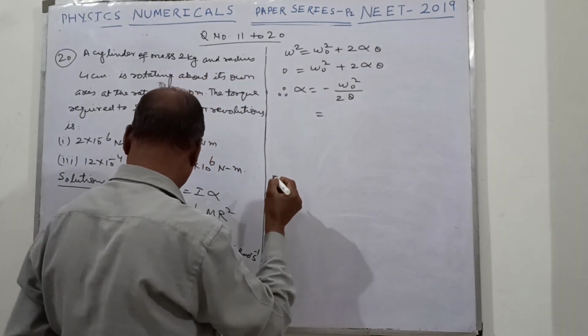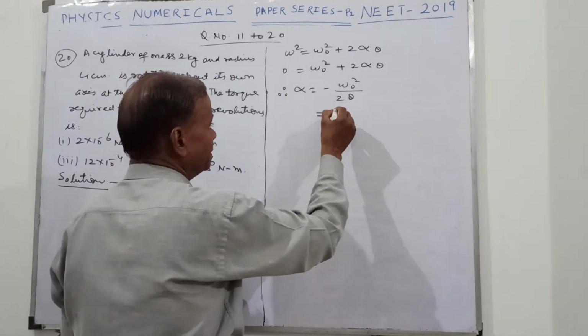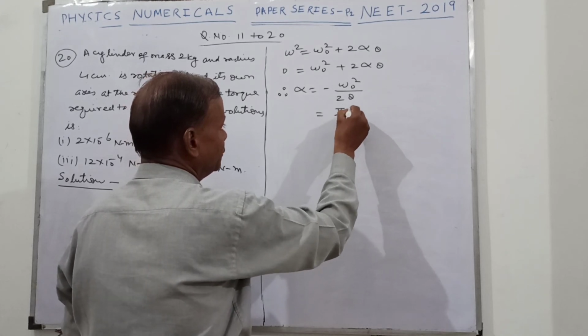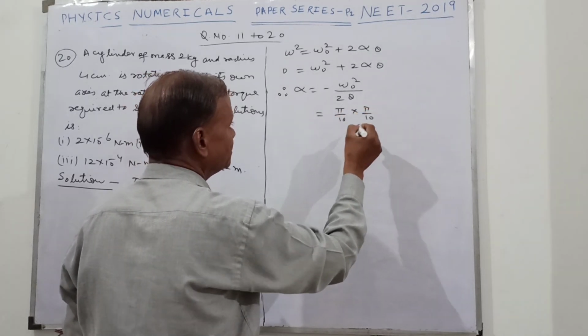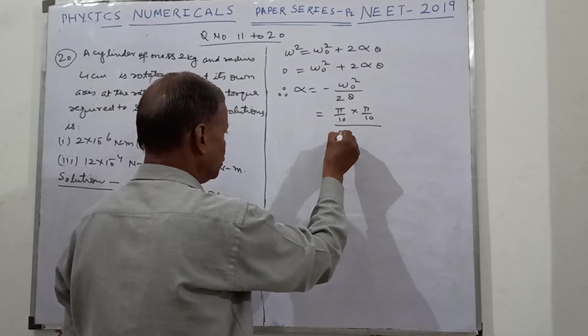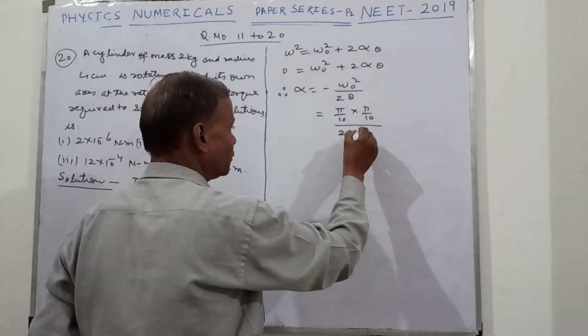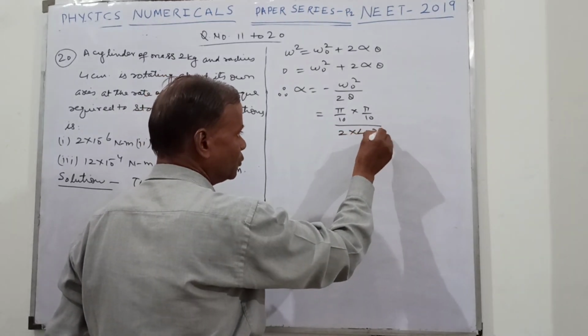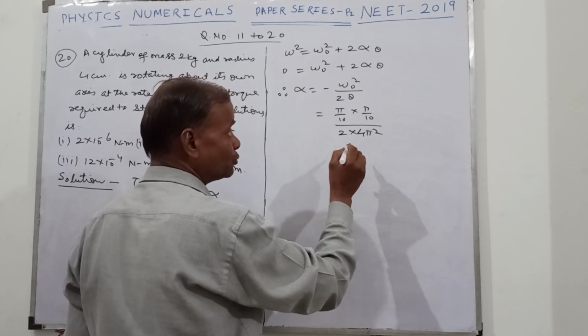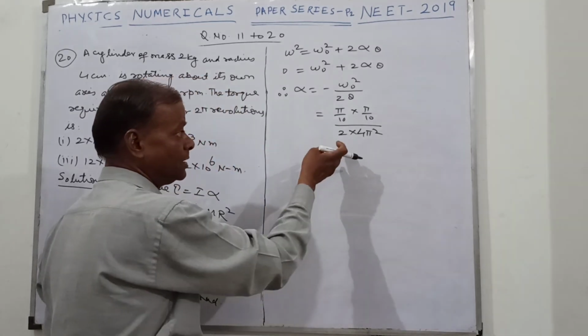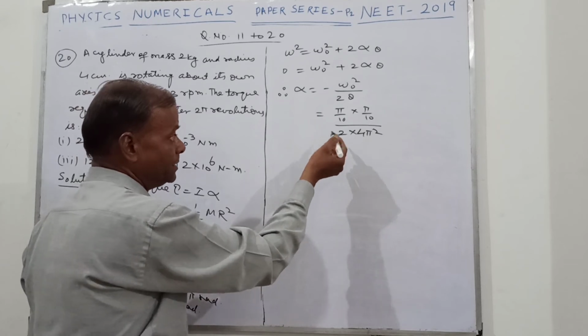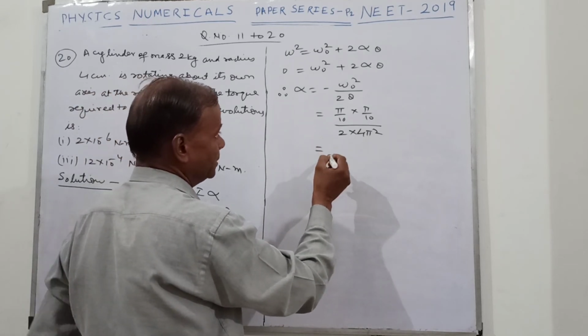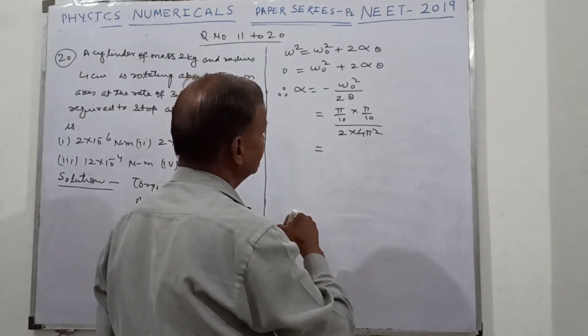Omega naught square is now pi upon 10. Pi upon 10 into pi upon 10 upon 2 theta. This is now your 4 pi square. So how to solve this? Some of the questions students do in a way that is not right.